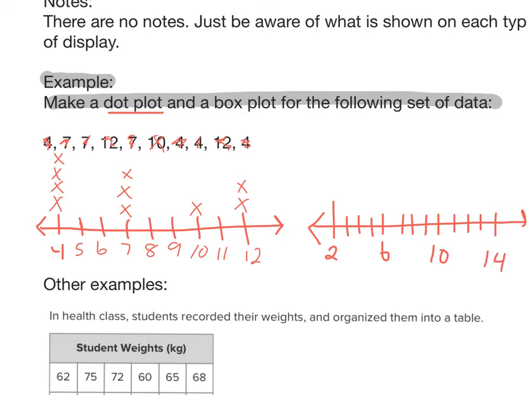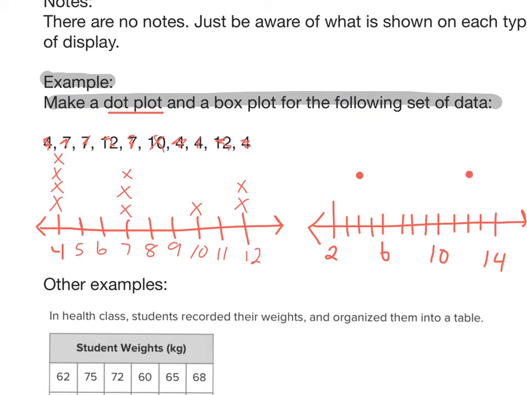Now I can put dots on the minimum and the maximum. The dots are going to be on 4 and 12.